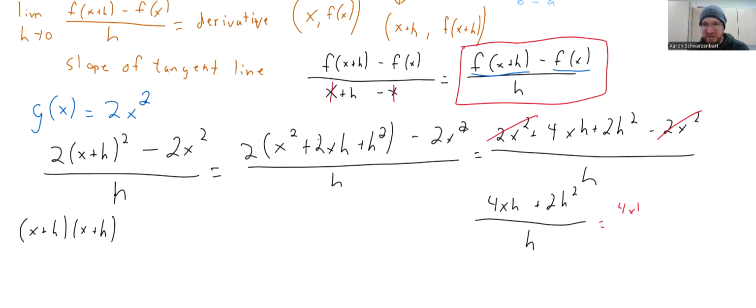When I add fractions, I must have a common denominator, so I can split that apart. So the h must be everywhere. I'm going to cancel one of those h's. h squared is h times h, so I'm only canceling one, giving me a final result of 4x plus 2h.